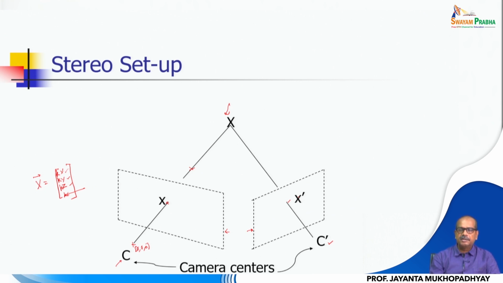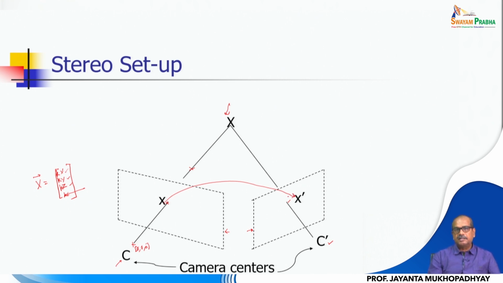In a stereo setup, it is sufficient to denote these two cameras, and then you obtain two images of the same scene, and we understand there are corresponding points in these two images, which are the images of the same scene point. So, here x and x prime are the corresponding points.